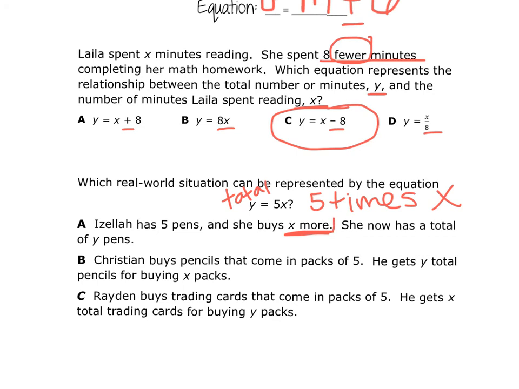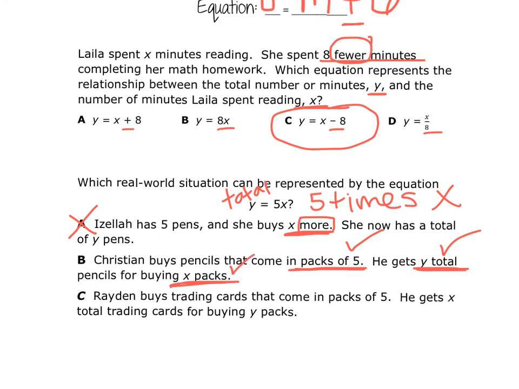Okay, the word more means adding, and we're looking for a multiplication word, so I'm going to get rid of A. B says Christian buys pencils that come in packs of 5. Packs of 5 are good, right? It shows multiplication. He gets y total. So this is good and this is good. He's buying x packs of pencils. Okay, so we're going to be multiplying 5 times the number of packs.